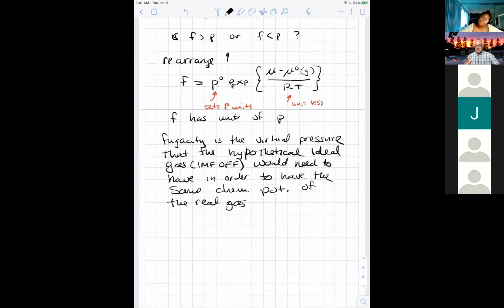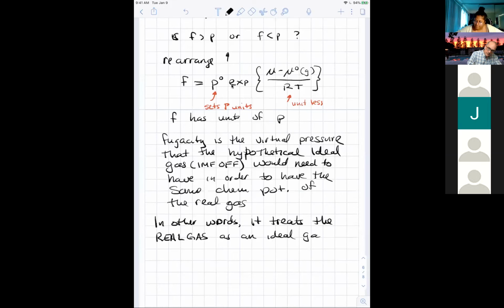In other words, it treats the real gas as an ideal gas at an effective pressure F. That's what the fugacity is. So it's an effective pressure.